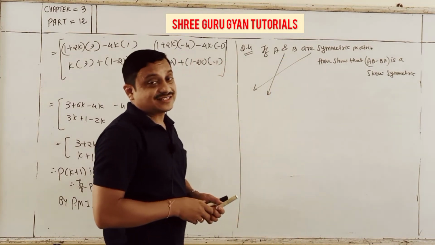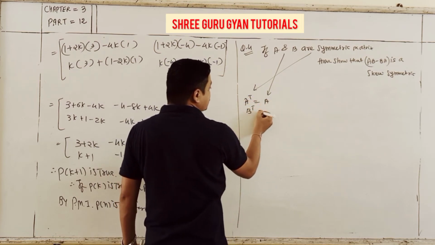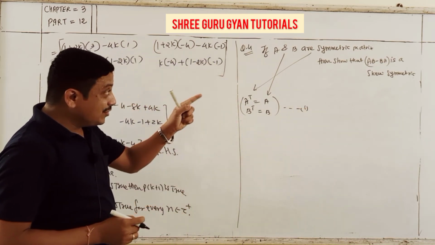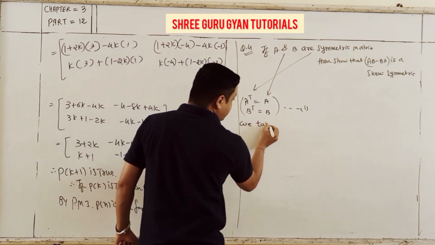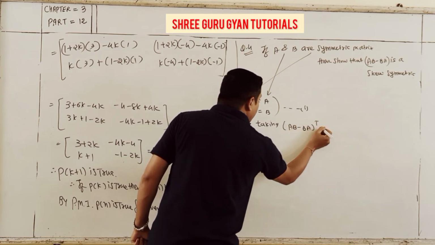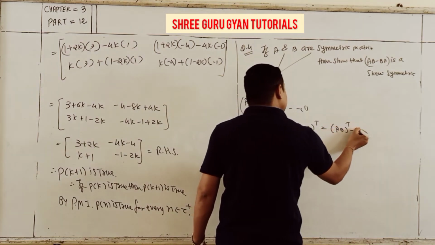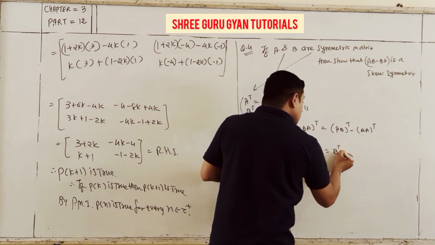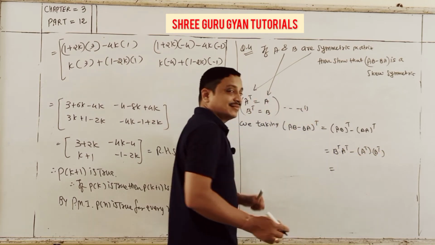If A and B are symmetric, then A transpose is A, B transpose is B. That's our definition. Now we prove that AB minus BA is skew symmetric, so we take its transpose and use the transpose property. Check what you get: AB transpose minus BA transpose, and that should be B transpose A transpose minus A transpose B transpose, and put in the values.